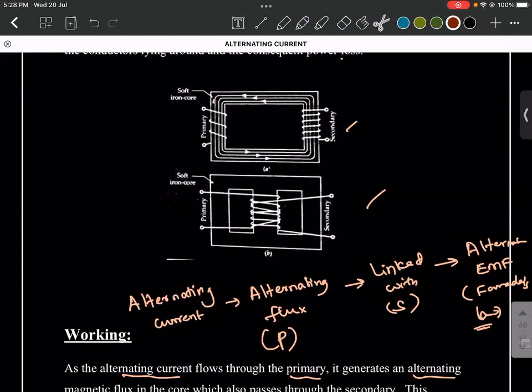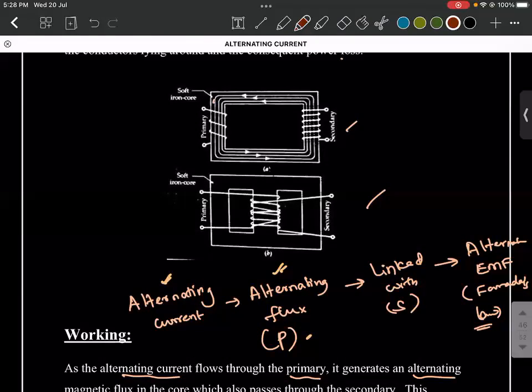Is it clear, guys? So if I have to give the whole process in one block diagram, if I have to give it in one flow chart, then I will say alternating current is creating an alternating flux in whom? In the primary coil. I repeat, alternating current is creating an alternating flux in the primary coil, and the alternating flux is getting linked with whom?